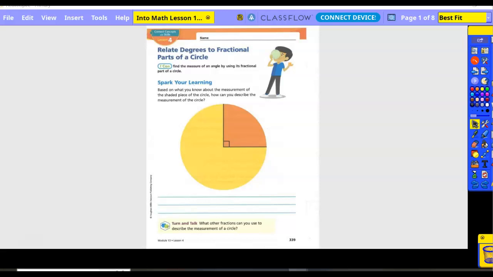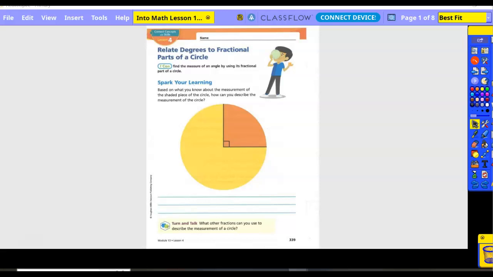Okay, so show me with your arms what a straight line looks like. So it's like this, right? Okay. How many degrees is this? Anybody know? 180, right? So if I bring one of my arms up like this, what am I at now?